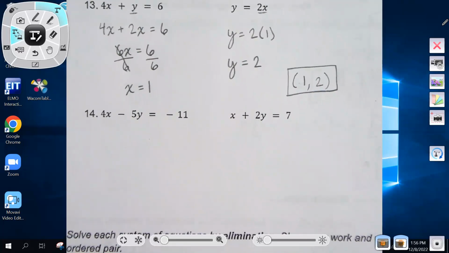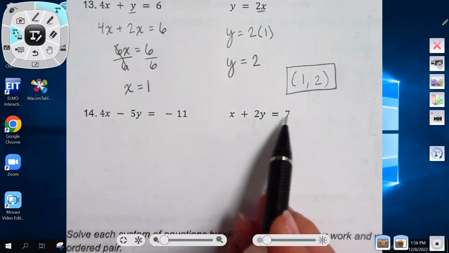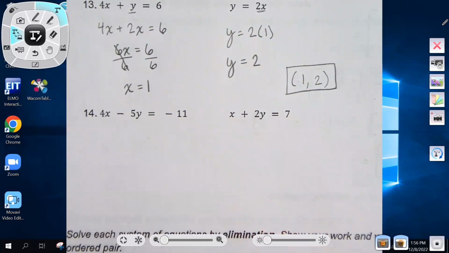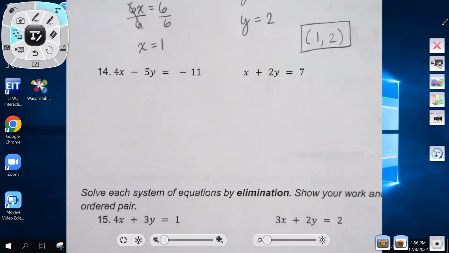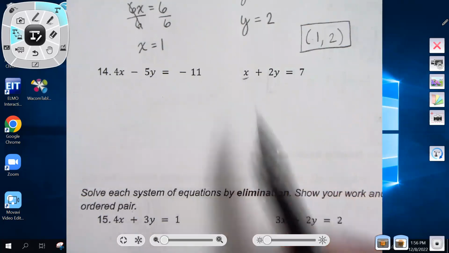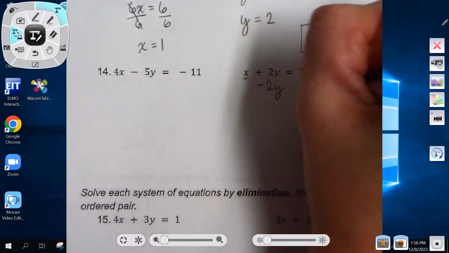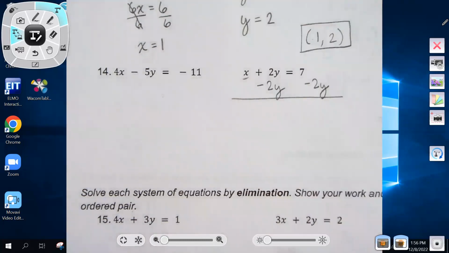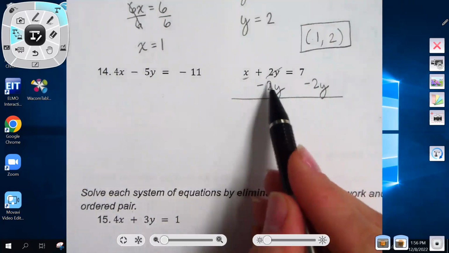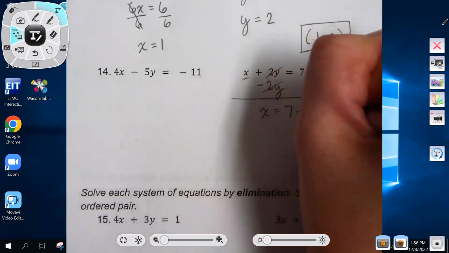On number 14, we don't have one of our equations already solved for a variable, so we're going to have to do that extra step. If you look in the second equation, it's going to be real easy to solve for this x by subtracting 2y from both sides. So that gives us x equals 7 minus 2y.